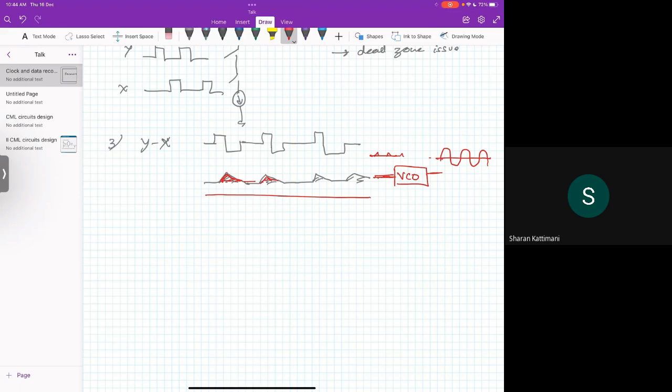Wherever this fluctuation comes, there will be this variation. It will be a little bit deviated, then again follow the same path, then deviate, something like this. And in terms of the eye diagram, you will see the jitter here. This jitter will occur because of this fluctuation.